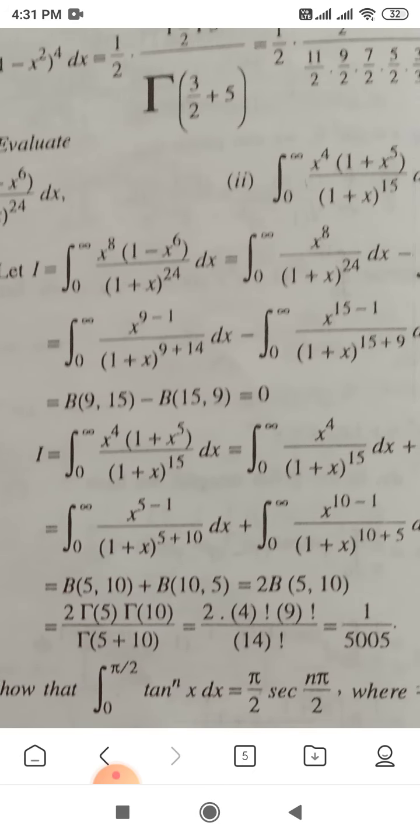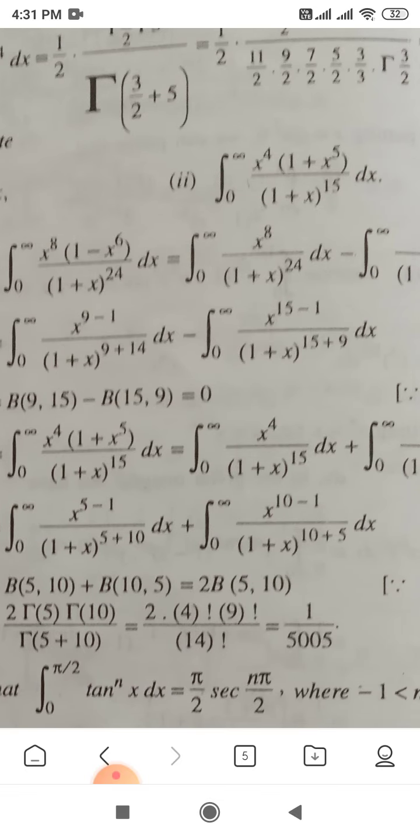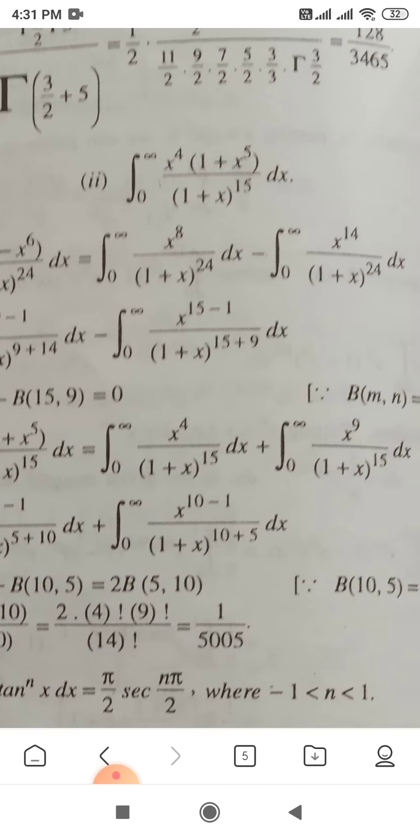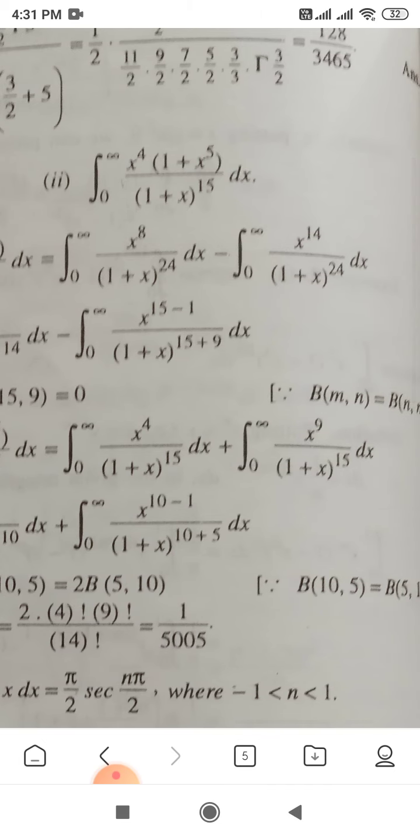We can split this expression into different expressions. The first expression is integral 0 to infinity x^8 upon (1 + x)^24 minus integral 0 to infinity x^14 upon (1 + x)^24 dx.